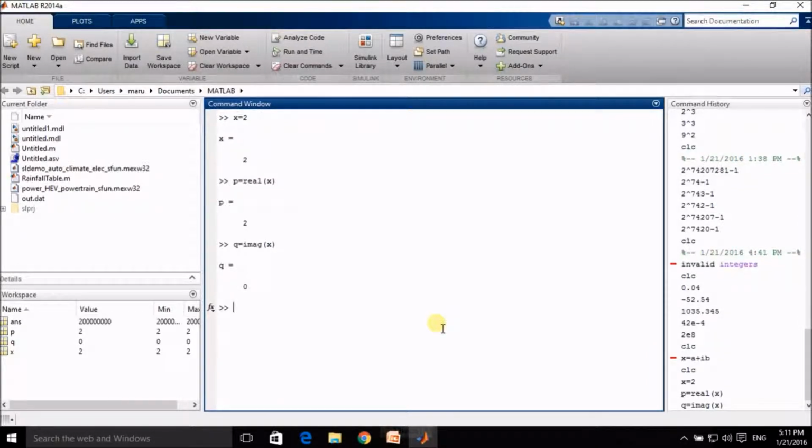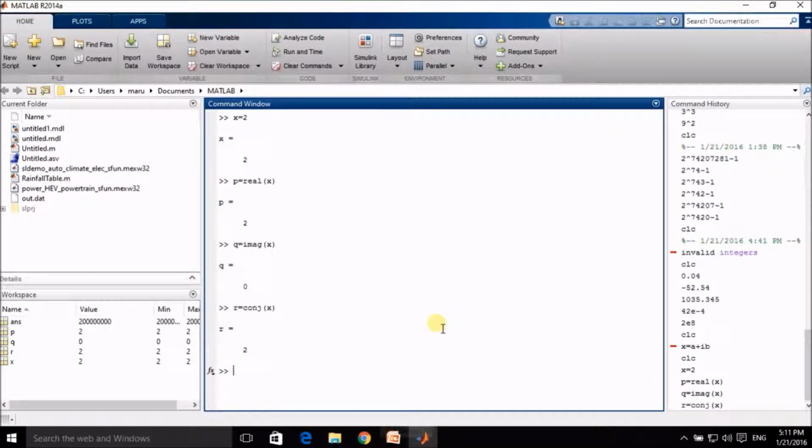Because there is no imaginary part of a complex number within this x. Or you can see the conjugate value also, conj of x, which is also 2.